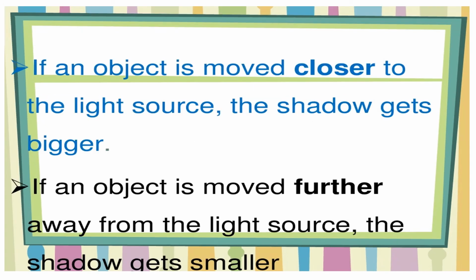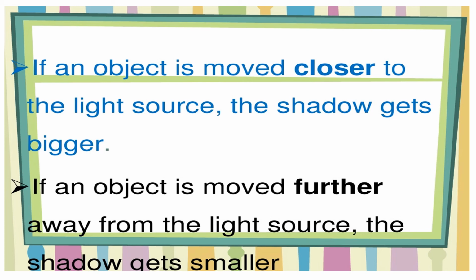If an object is moved closer to the light source, the shadow gets bigger. And if the object is moved further away from the light source, the shadow gets smaller. Do you remember we did an experiment in class about this?